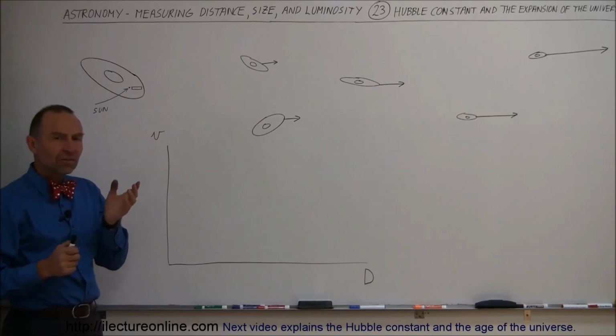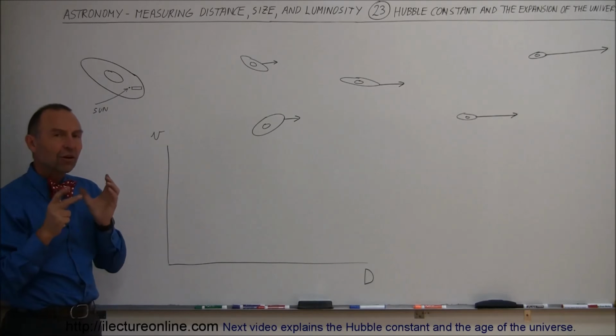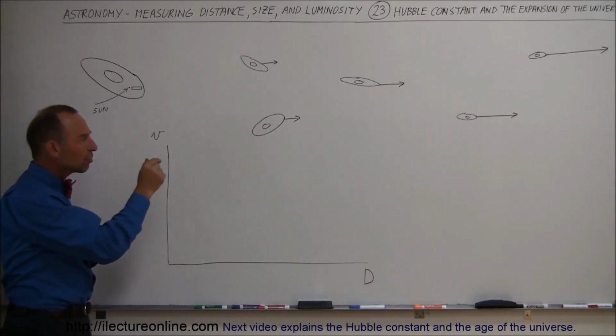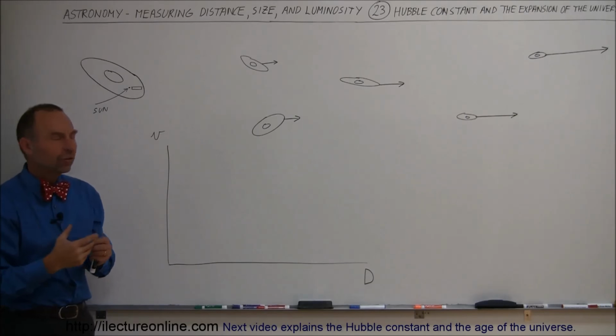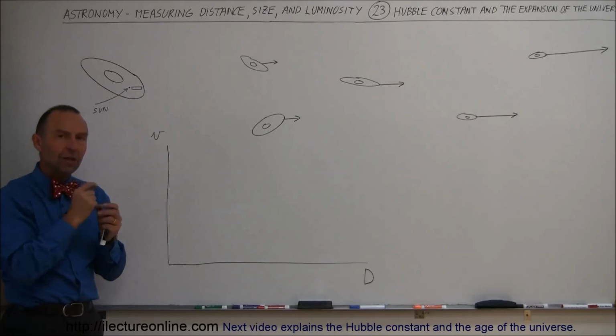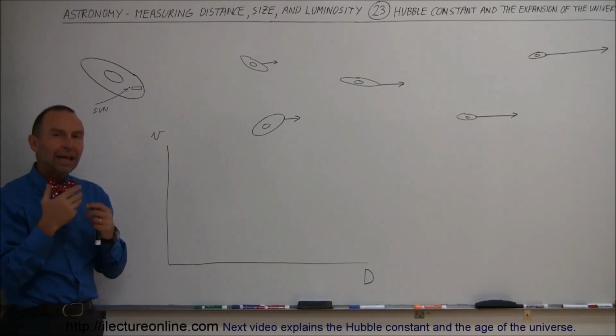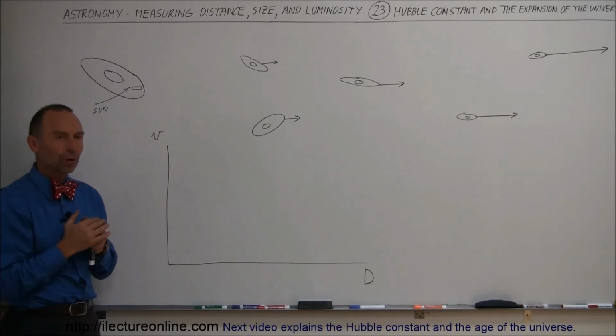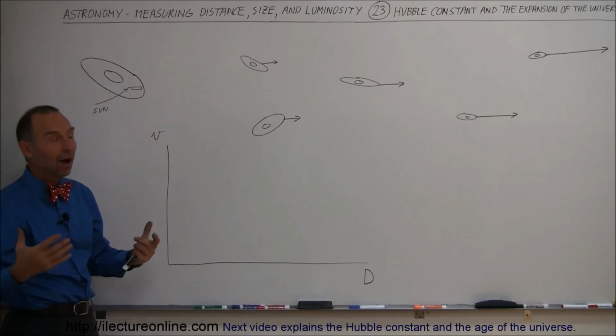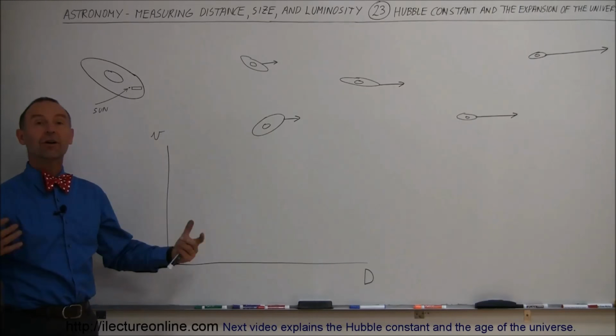So what he did was he started looking at these galaxies very carefully. He started measuring their redshift. He then calculated their velocities, and then he tried to estimate how far these galaxies were. Now here was the big problem again. How far are things in the universe? Remember, that's the number one problem in astronomy, and he had no good way of figuring out how far it was to the galaxies.